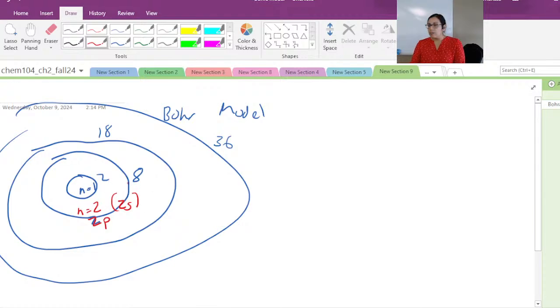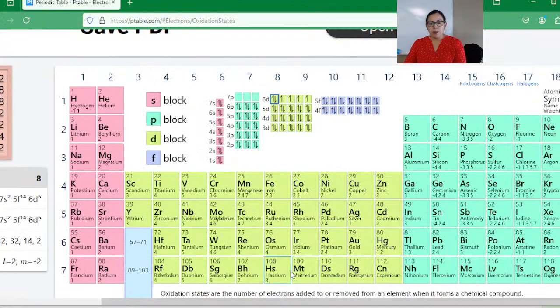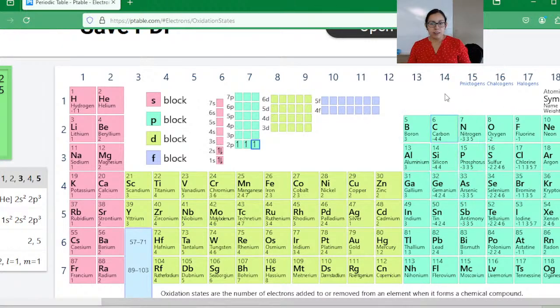And so you can see, that's where we get back to 8. 2 from the s, and then 6 from p. So 2 plus 6 gives us 8. Now it's all starting to make more sense. Another helpful hint: if the p block can hold 6 electrons, it's going to be 6 across. So 1, 2, 3, 4, 5, 6. That helps you remember as well.